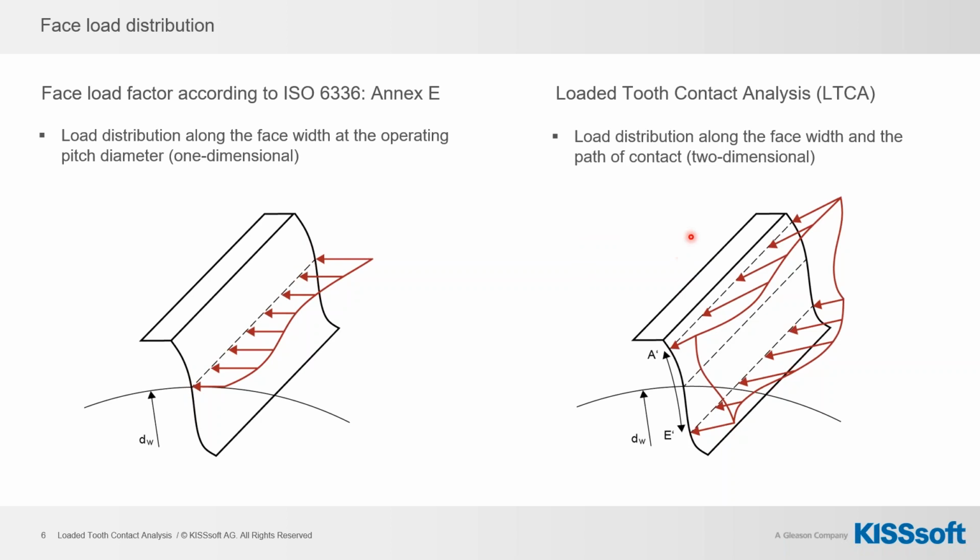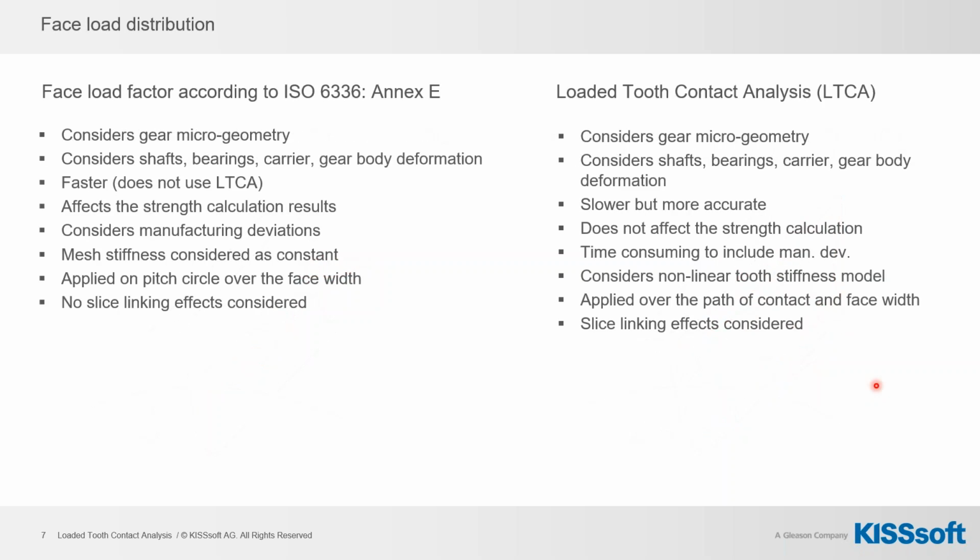Whereas the contact analysis makes a one-dimensional problem a two-dimensional problem, which means we analyze the same things, but over the entire angle of rotation, so over the entire flank. But the contact analysis is not a standard, right? So every result that we get from the contact analysis does not directly affect our strength calculation.